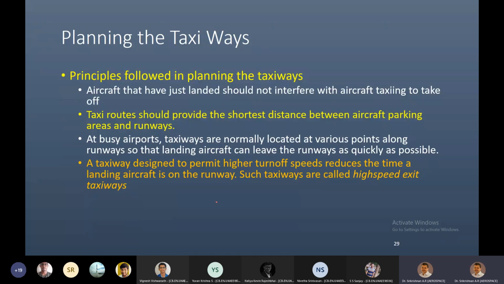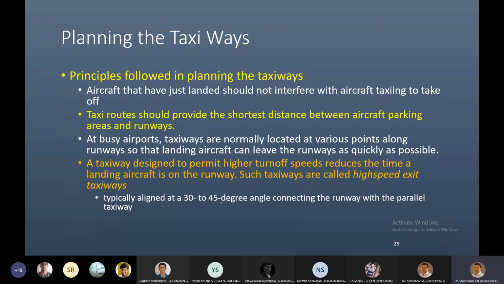That is, they help the aircraft leave the runway at the earliest and at a higher velocity. So that's also important, particularly in bigger airports and airports which have a higher volume of traffic. The angle is usually given as 30 to 45 degrees, the angle of the taxiway where it connects with the runway.